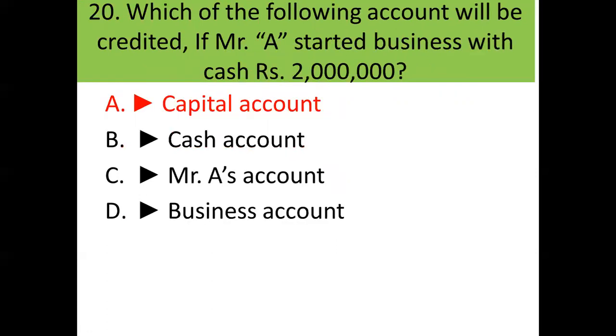Which of the following accounts will be credited if Mr. A started a business with cash of 2 million? This is the capital that Mr. A will start with, and capital will be credited when we start a business.